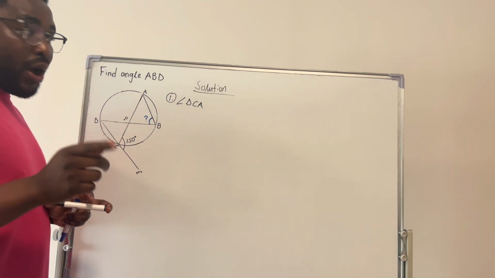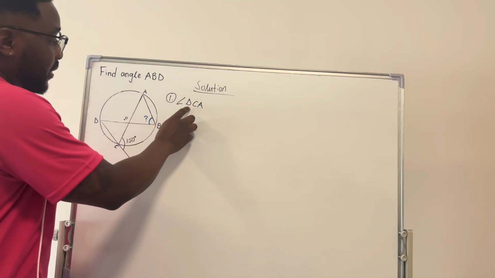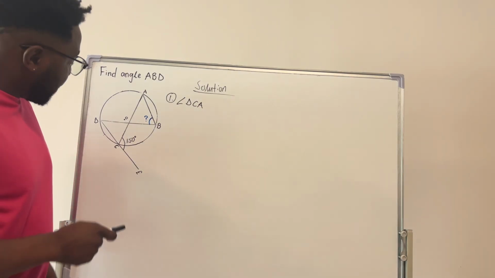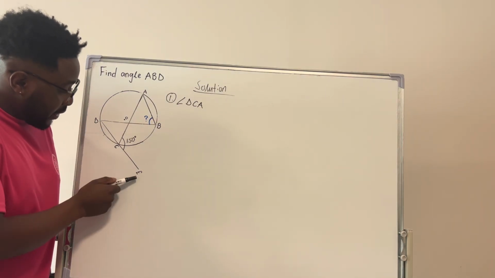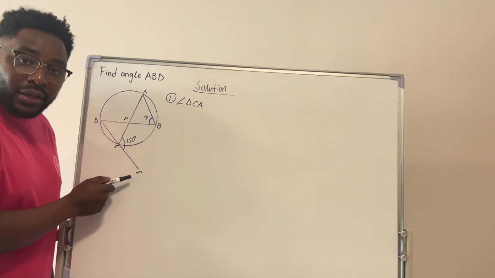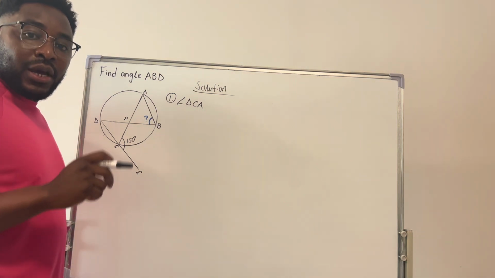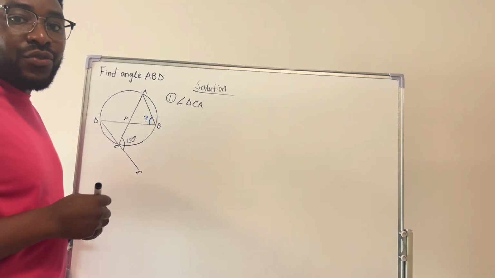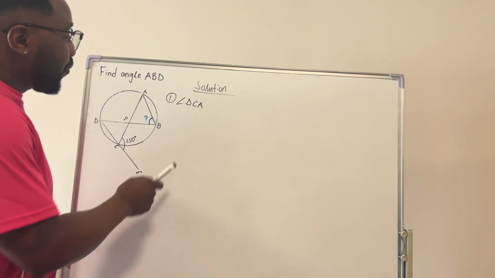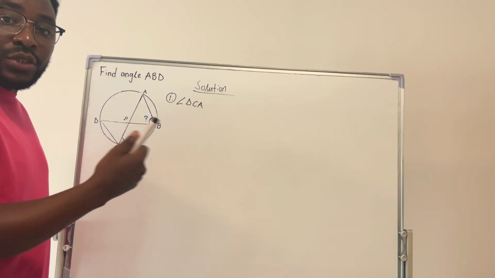Now how do we find angle DCA? If we look at this line segment over here, DE, it's a straight line, and we do know that angles on a straight line add up to 180. So for us to find angle DCA, what do we have to do?